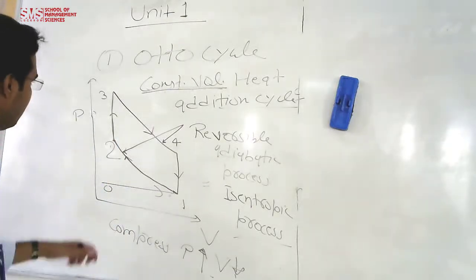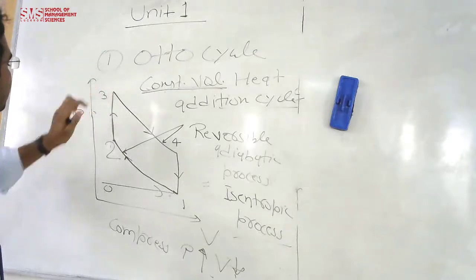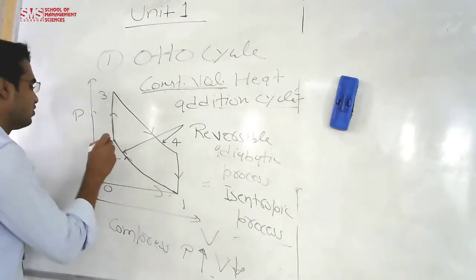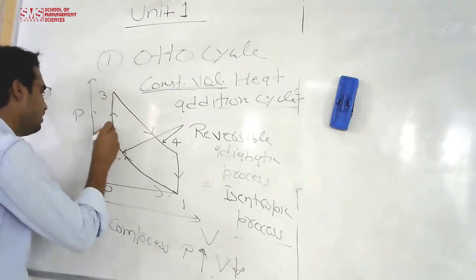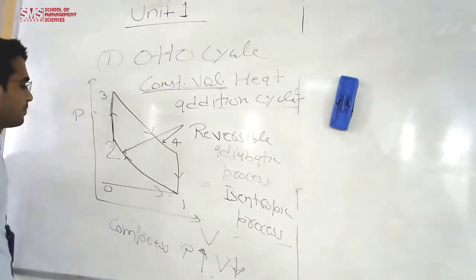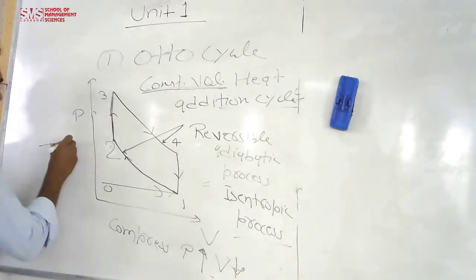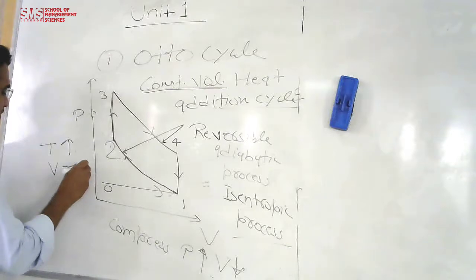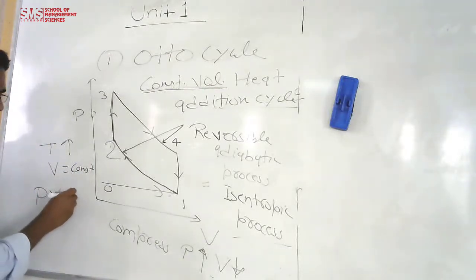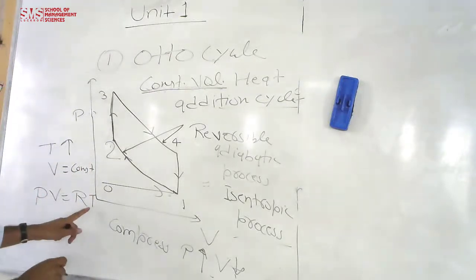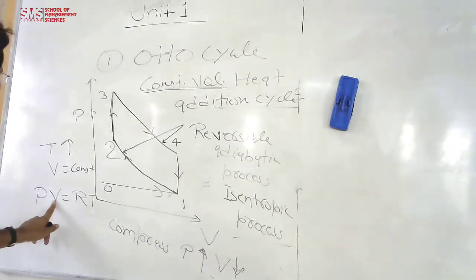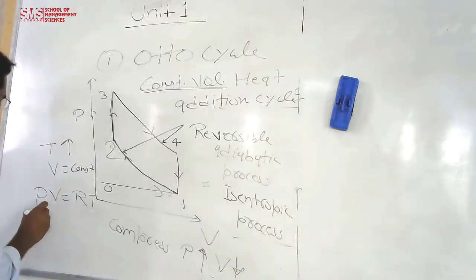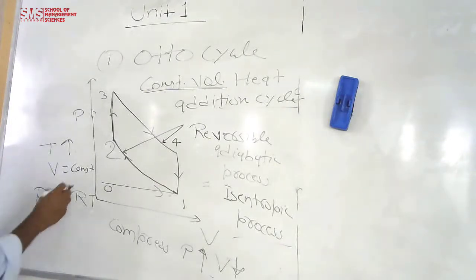Now process 2 to 3. Here heat is added at constant volume, meaning temperature is increasing and volume is constant. PV is equal to RT. As temperature is increasing and volume is constant, P is going to increase.